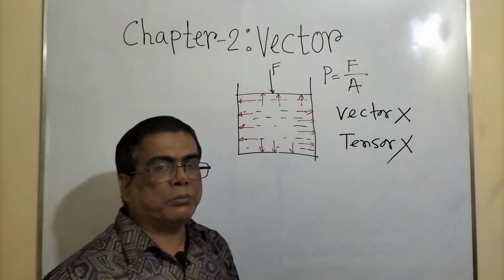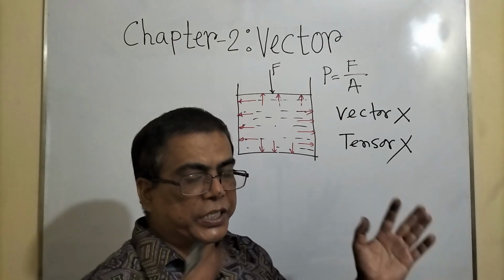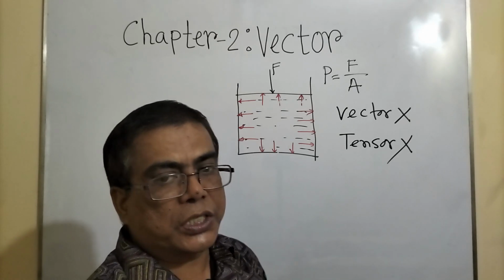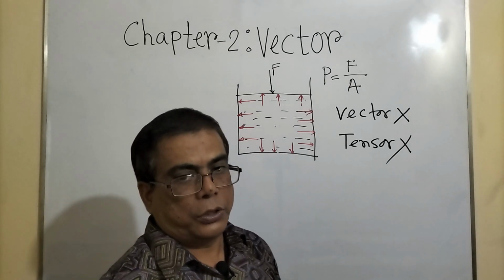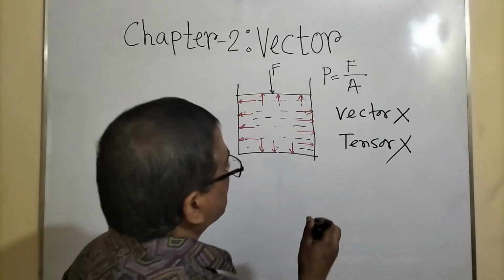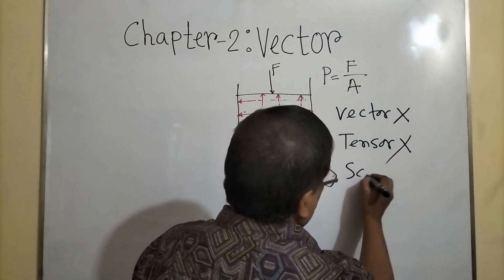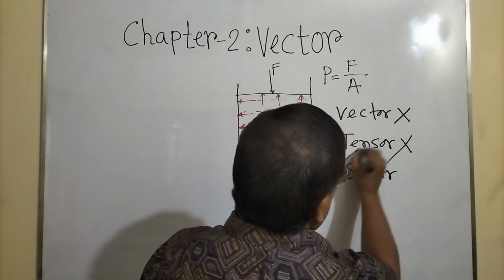If a system is acting in 360 degrees in every direction, in that case there is no need to mention the direction. It is enough to mention the magnitude. That's why it is a scalar quantity. The pressure is a scalar quantity.